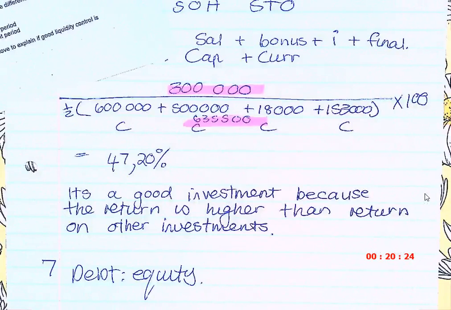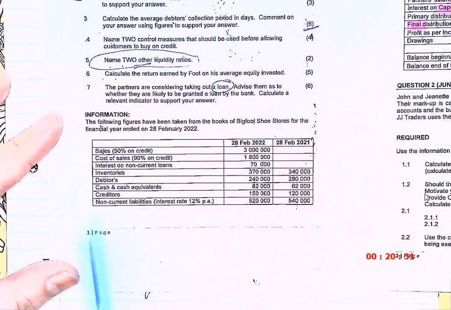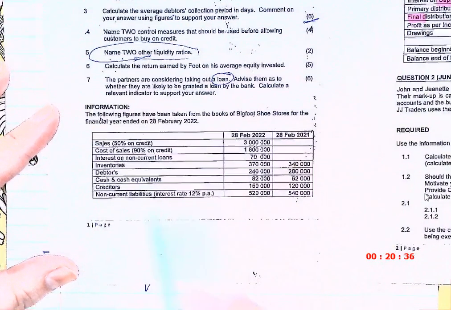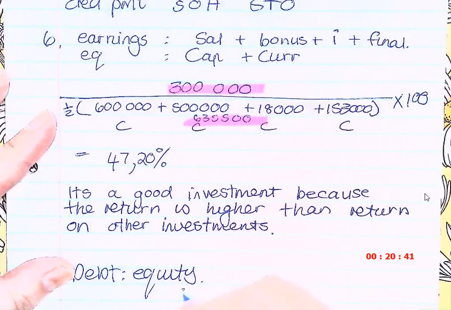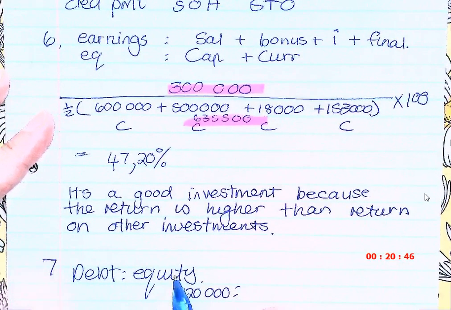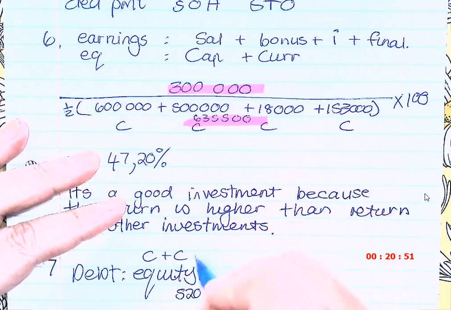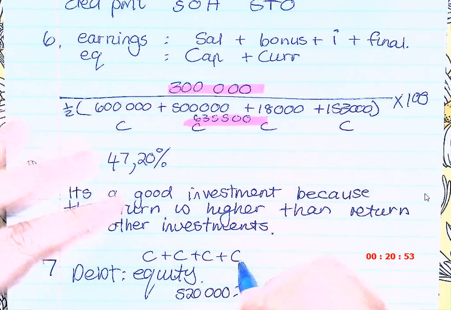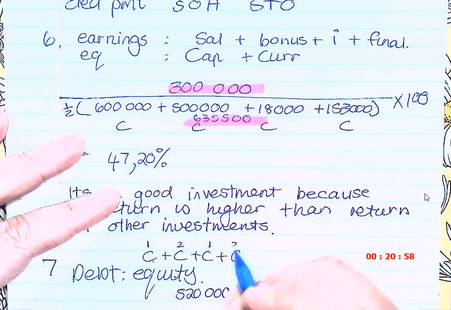So my debt is my loan. Here they don't use the word loan, but they do use the word non-current liability, which is mostly your loan. You're going to take the new one, the 520. So on this side you're going to say 520. On this side you want the equity. So again it's going to be capital plus current, of partner 1 and partner 2.